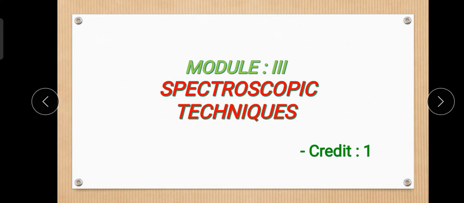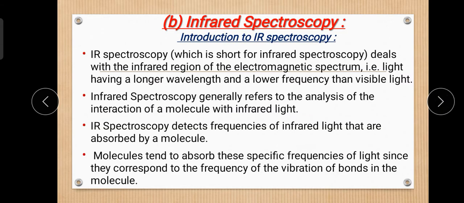Now in this lecture we start a new type of spectroscopic technique, the second type, which is infrared spectroscopy, in short IR spectroscopy.